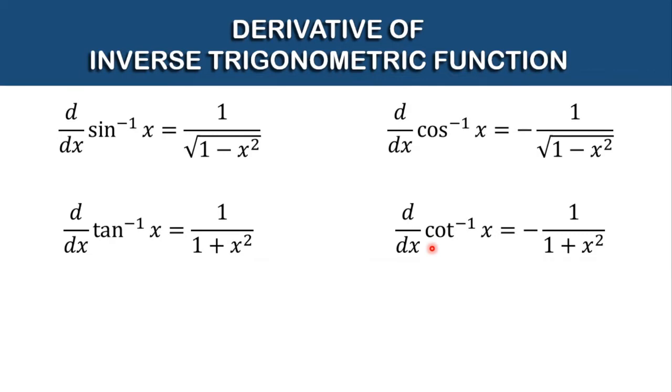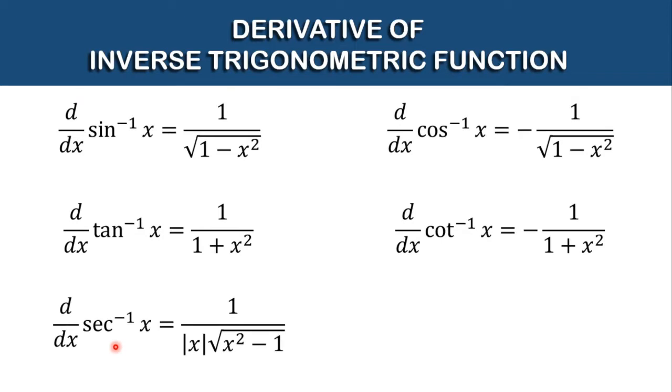Let's have our arcsecant. For our arcsecant of x, the derivative is 1 over the absolute value of x times the square root of x squared minus 1. So dito, x cannot be equal to positive or negative 1 and also 0.